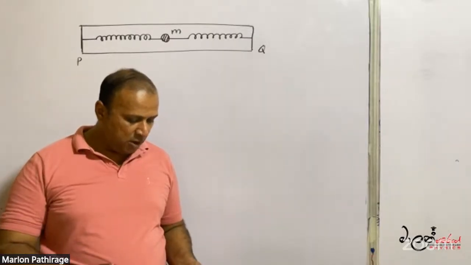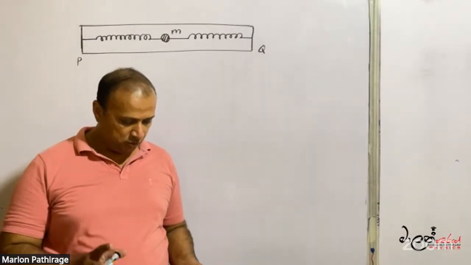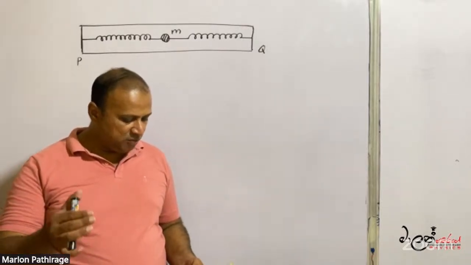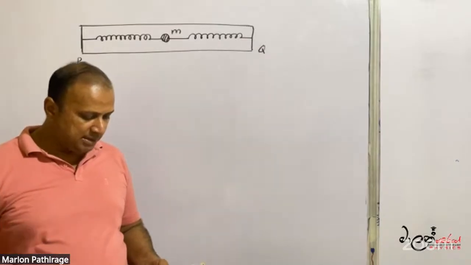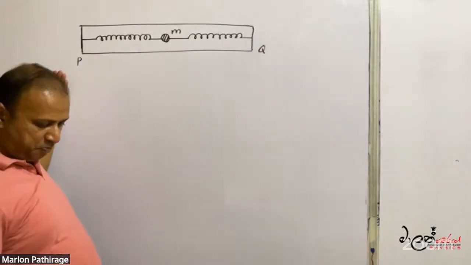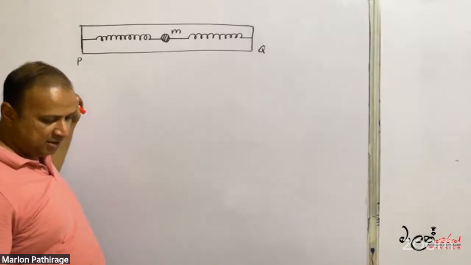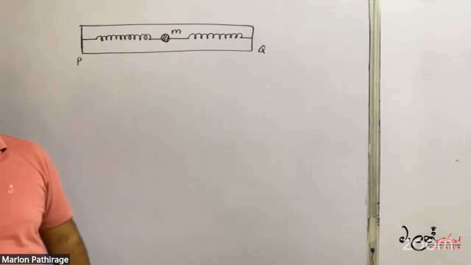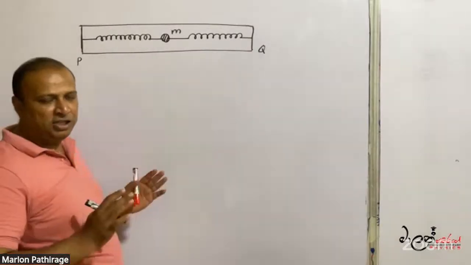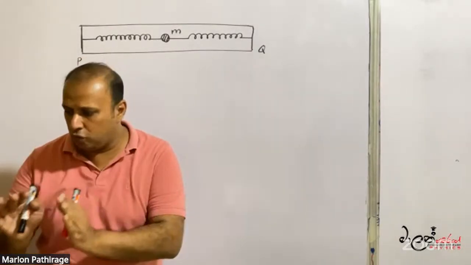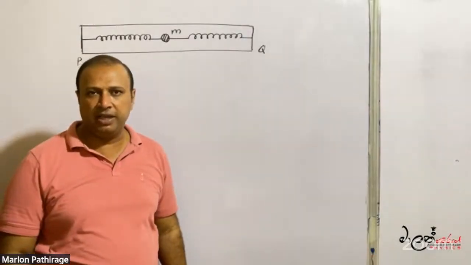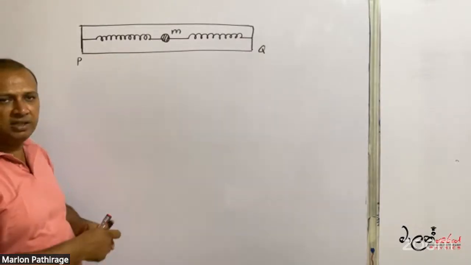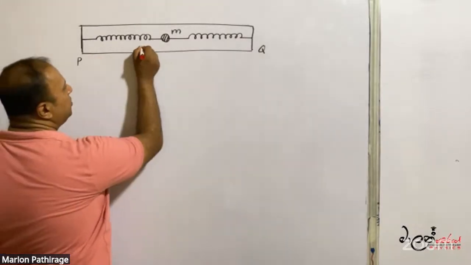Which of the following motions of the system results in a displacement of the mass m towards P from the center of the tube? That means due to one of these motions, this mass will move towards this direction.